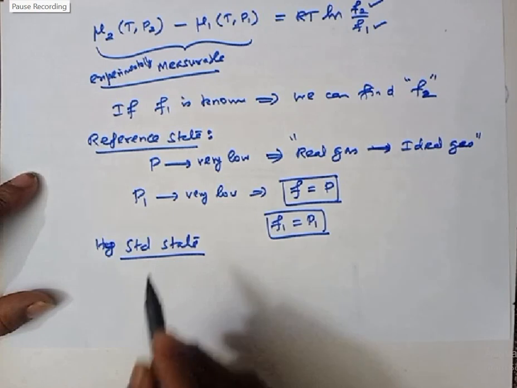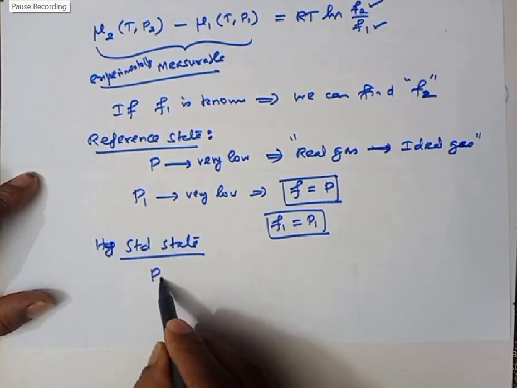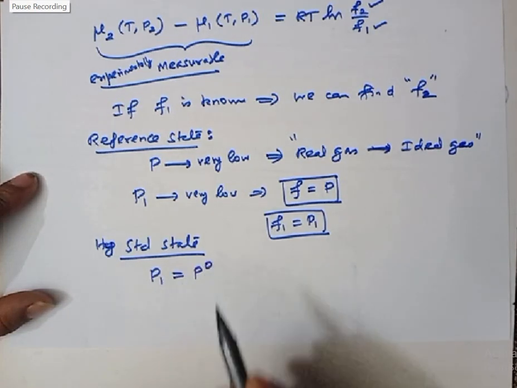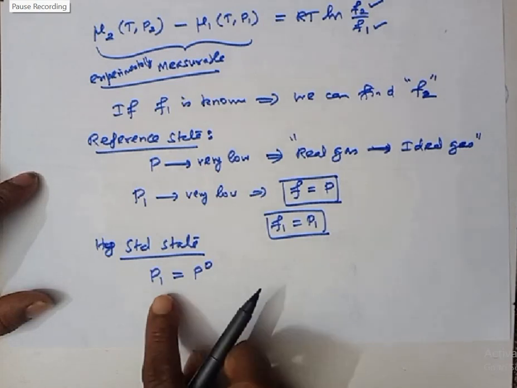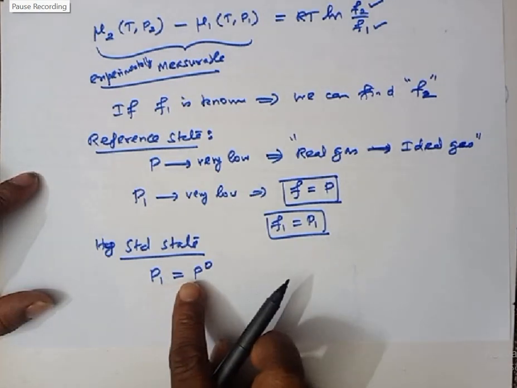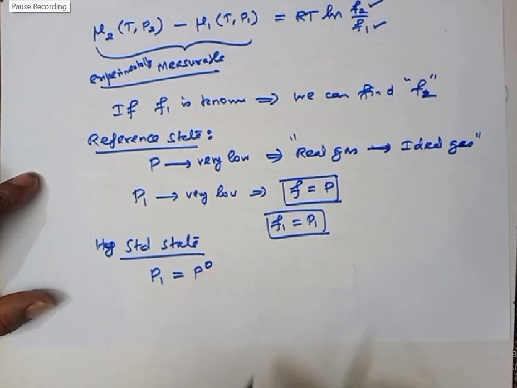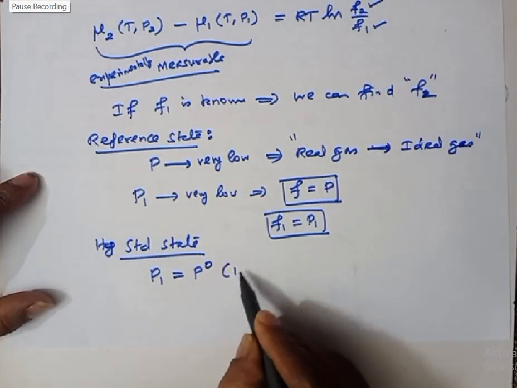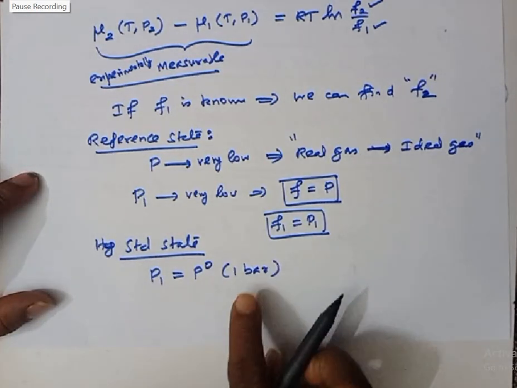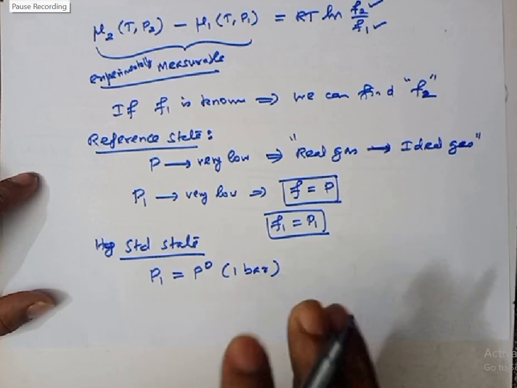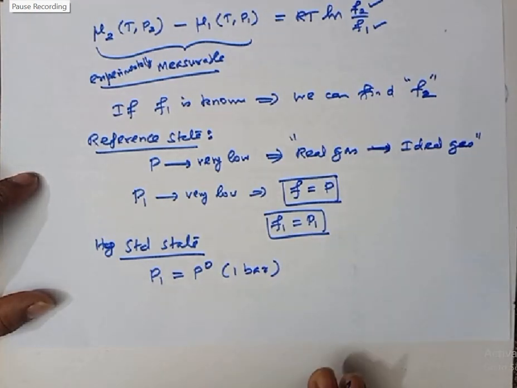What they took was this: if P1, the initial pressure, is equal to the standard pressure P0, what is standard pressure? You know very well, 1 bar. 1 bar is actually a very low pressure.